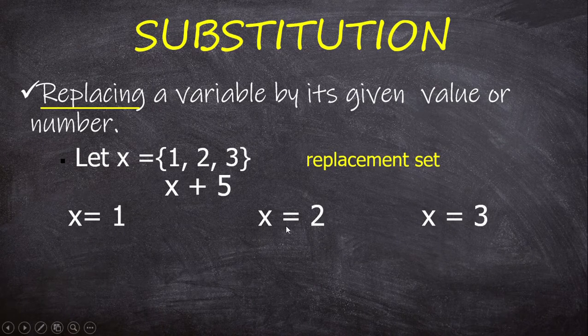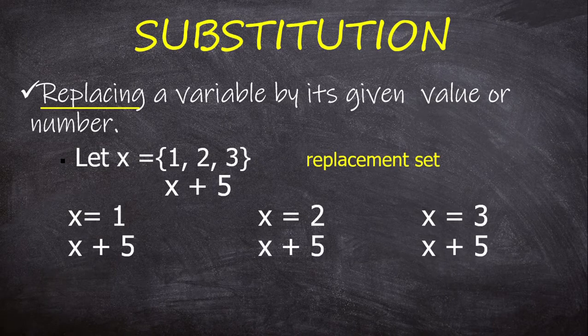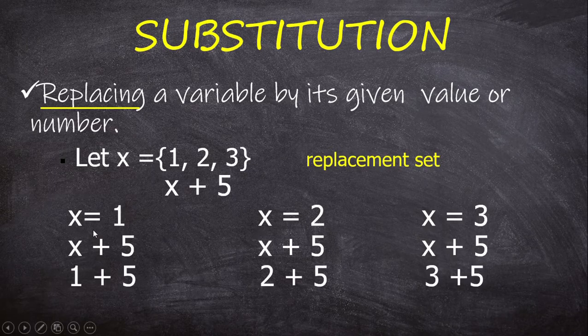And in the second column, that is x equals 2. On the third, x equals 3. Then we will replace these values to x plus 5. So x, replace it with 1, and that becomes 1 plus 5. Replace x with 2, that becomes 2 plus 5.